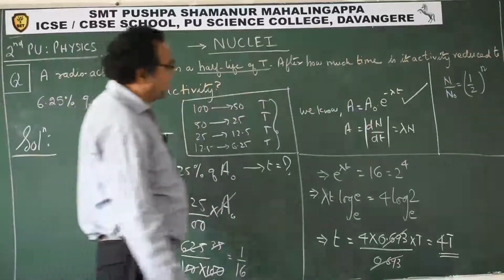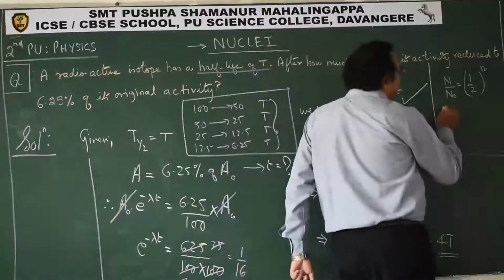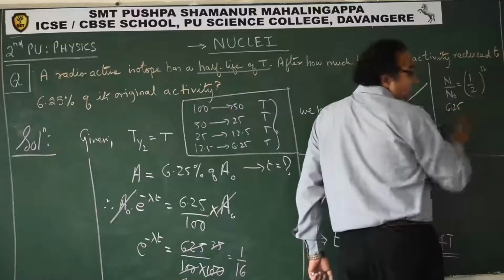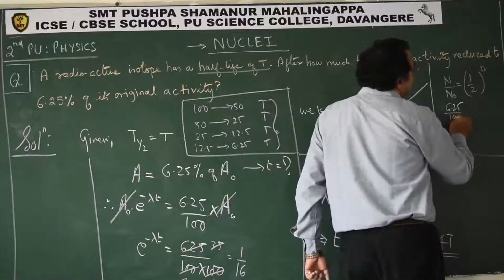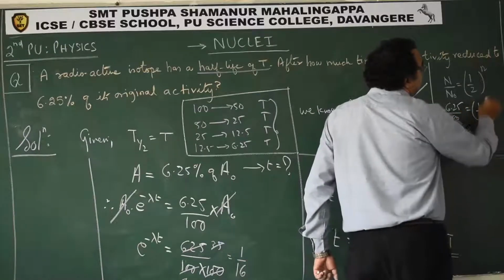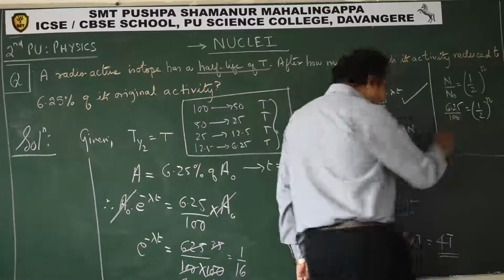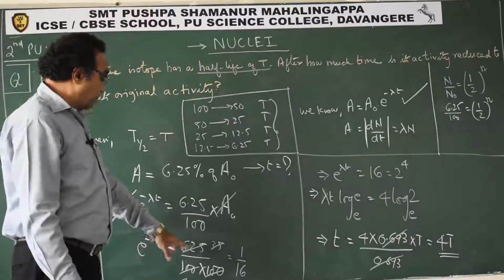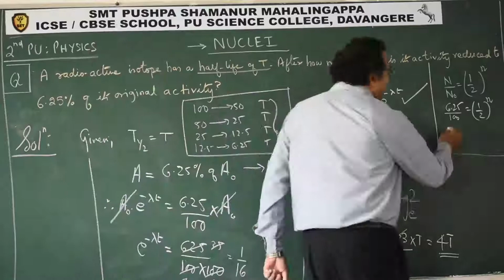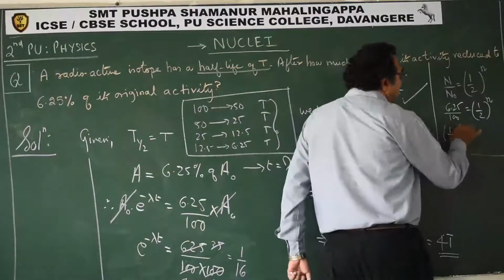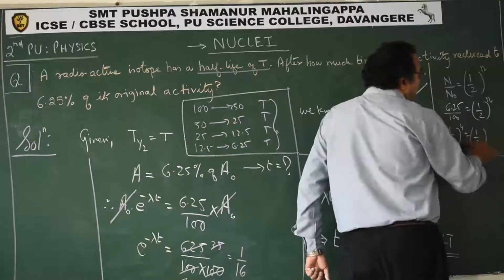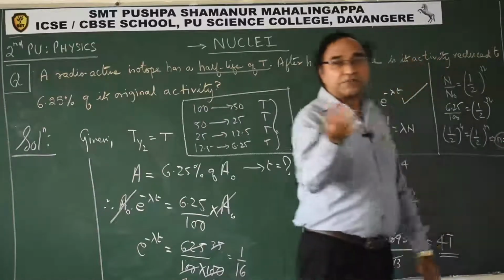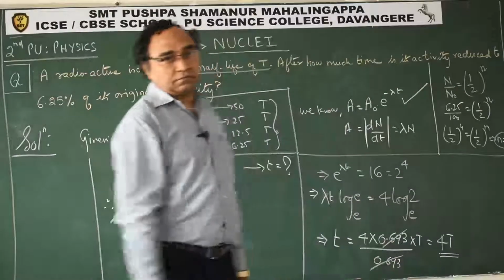It says A is 6.25 percent, so 6.25 by 100 is 1 by 2 power n. 6.25 by 100, just now we saw, is 1 by 16. So I will write 1 by 2 power 4 is 1 by 2 power n. This means n is 4. So 4 half-lives, 40, finished.